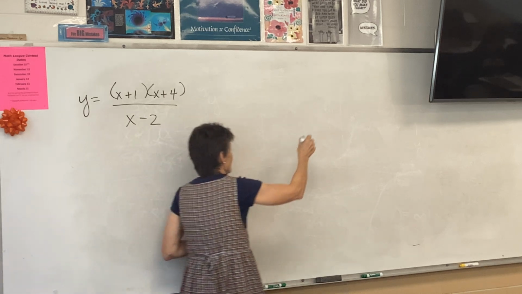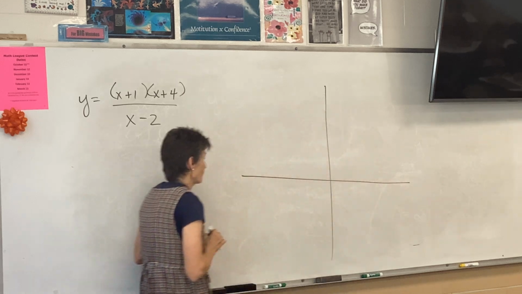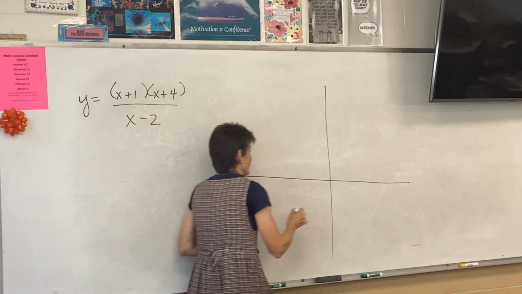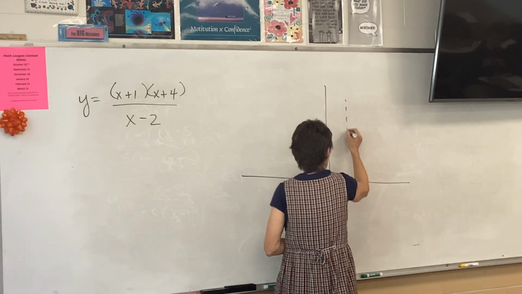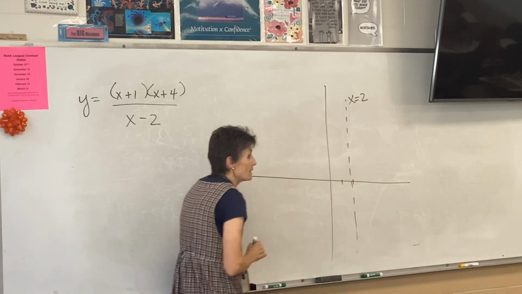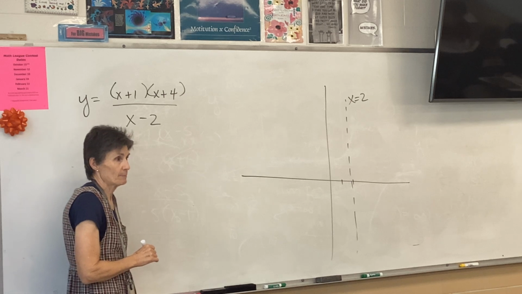Is there a vertical asymptote? Yes. The vertical asymptote, x equals 2. Is there an x-intercept?